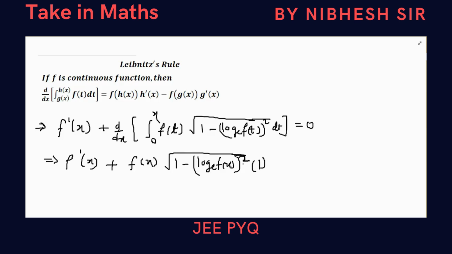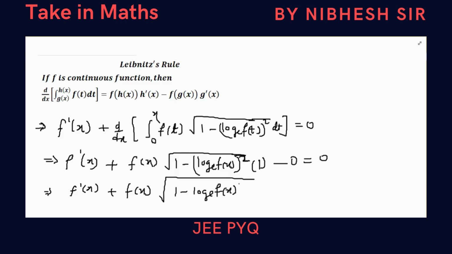For the lower limit it will be 0, because the derivative of 0 is 0. So what we have left is f dash x plus f of x under root 1 minus log base e f of x the whole square equal to 0.